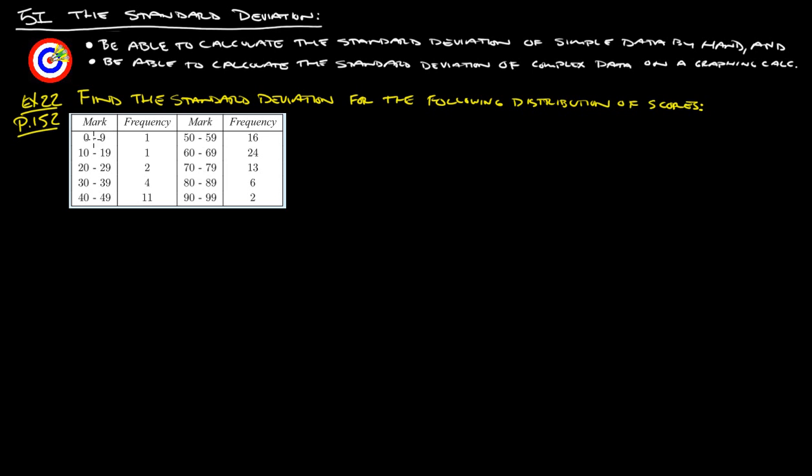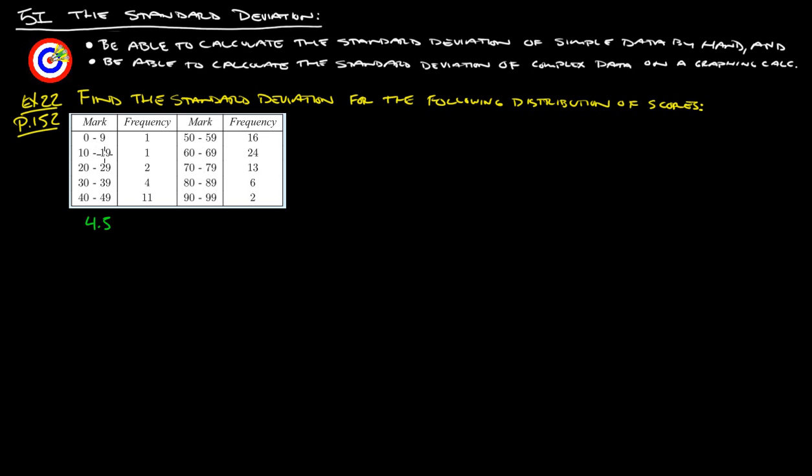Okay, so on this continuous type data, that's what this is called when you have from 0 to 9, what we're going to do is find the average of these. So the average of 0 to 9 is just 4.5.